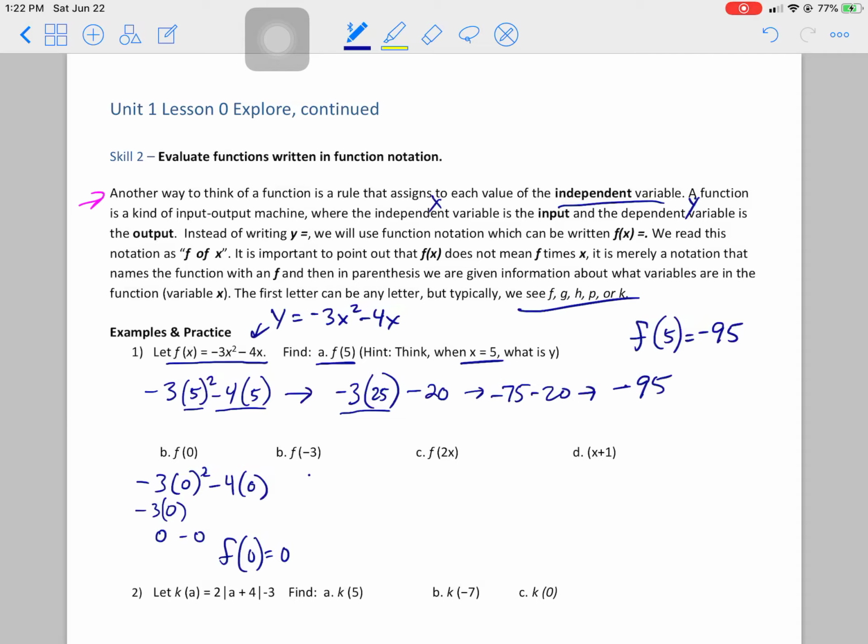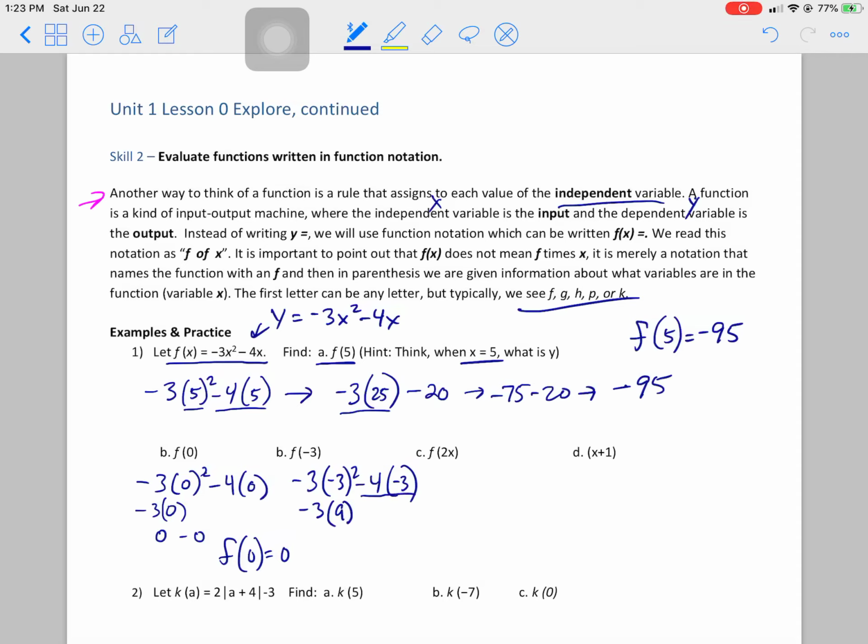All right, how about a negative 3? So negative 3 times a negative 3 squared minus 4 times a negative 3. I like the parentheses. It helps a lot. Negative 3 times negative 3, or negative 3 squared, is a positive 9.